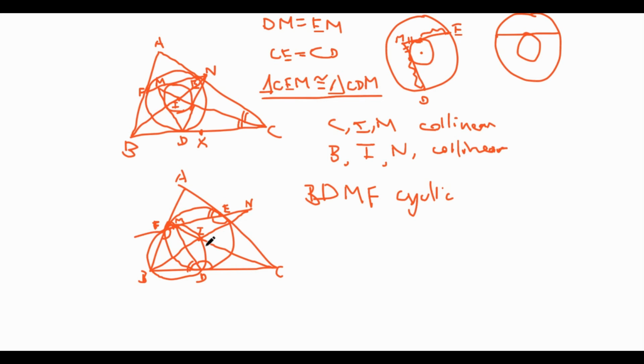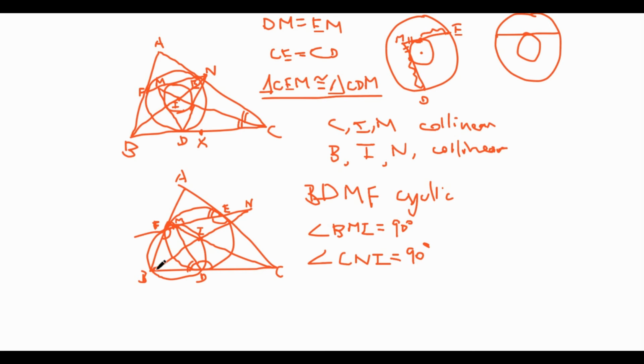So now we know that angle BMI is also equal to 90 degrees because M also lies on this circle. So BMI equals 90 degrees. And similarly, we can prove that angle CNI is equal to 90 degrees. It's exactly the same argument, but on the other side.